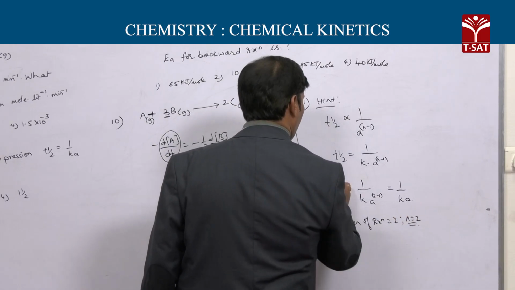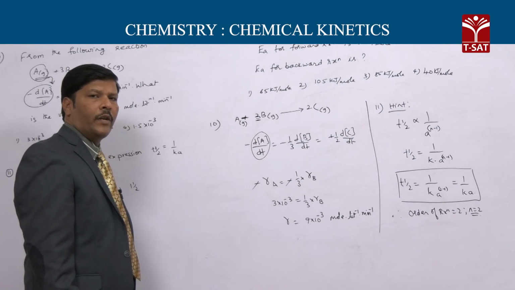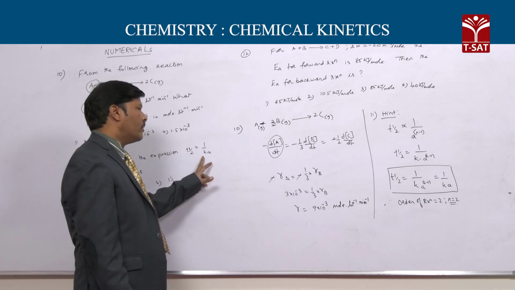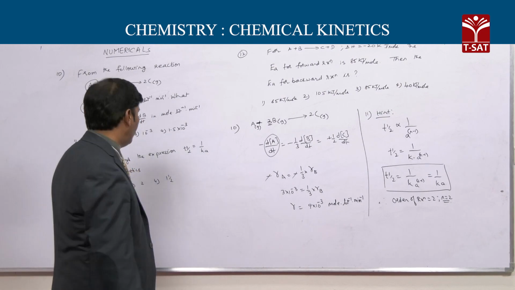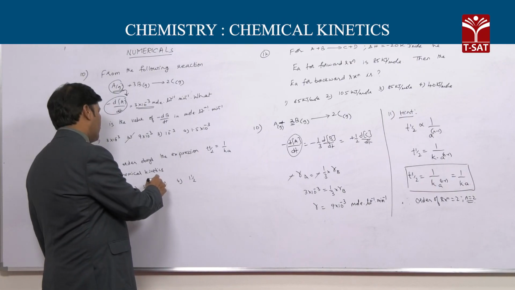If n is 2, then it obeys the equation T half is equal to 1 by rate constant into initial concentration of A. Because we want the equation to obey the reciprocal of K into A, we can take order 2. So the third option is correct.